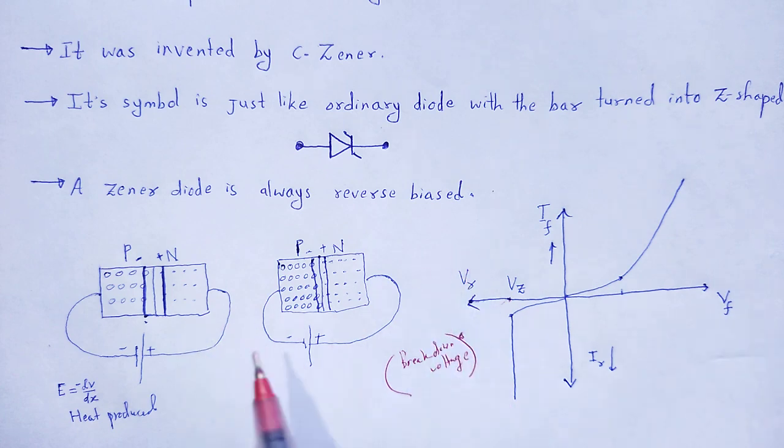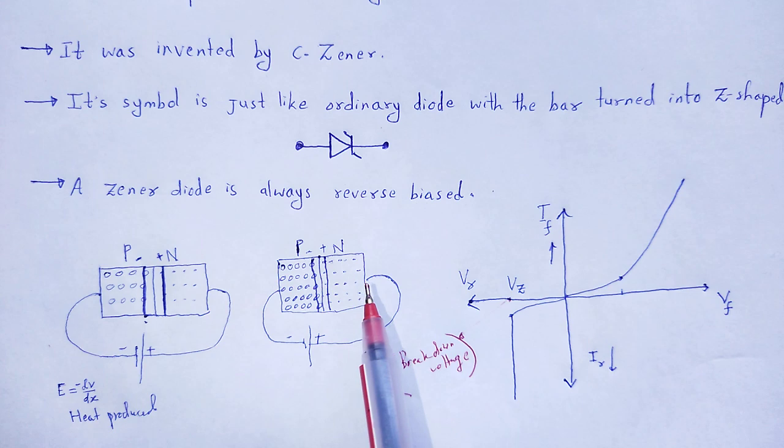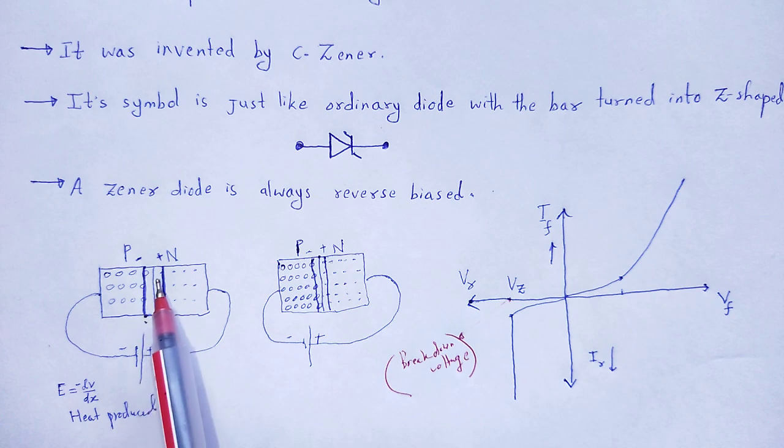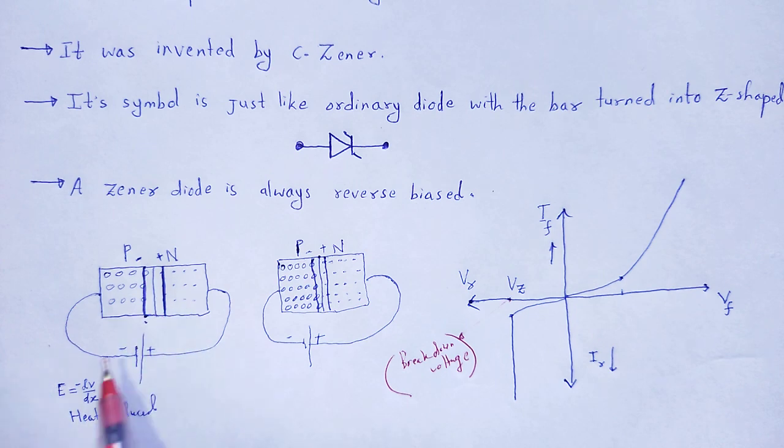But in reverse biased, in a normal PN junction diode, heavy heat is produced and the instrument is destroyed, but in case of Zener diode, it acts in that particular reverse biasing situation.